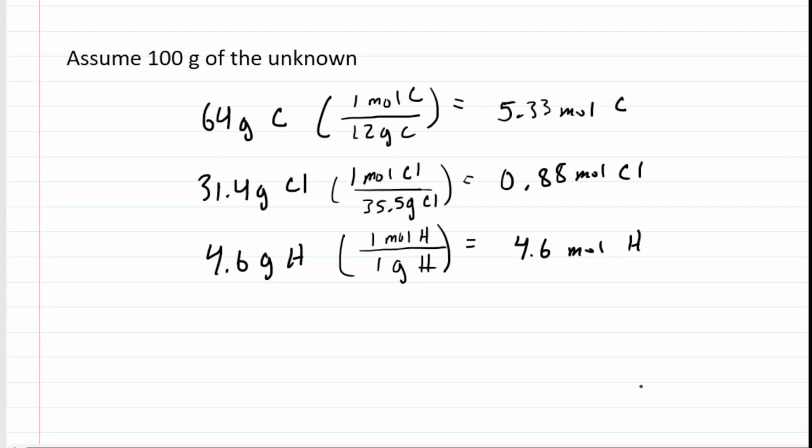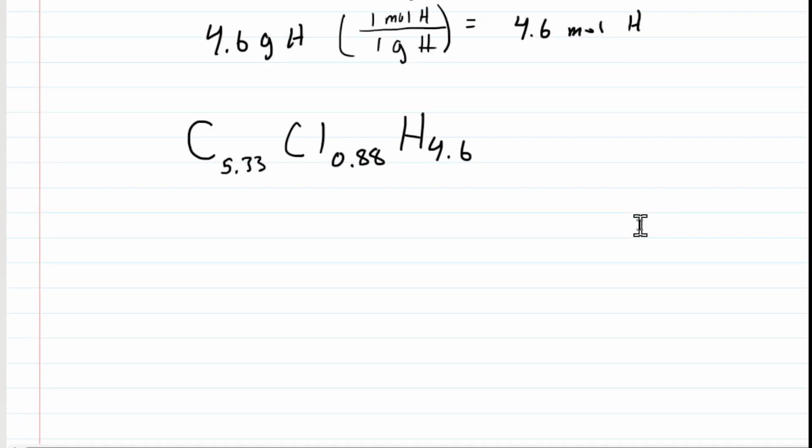This is very close to the right answer, and theoretically we could even write the answer as carbon with a subscript of 5.33, chlorine with a subscript of 0.88, and hydrogen with a subscript of 4.6. Those would be the molar ratios, but we typically want our molar ratios in whole number form.